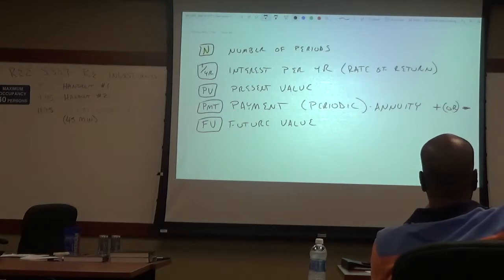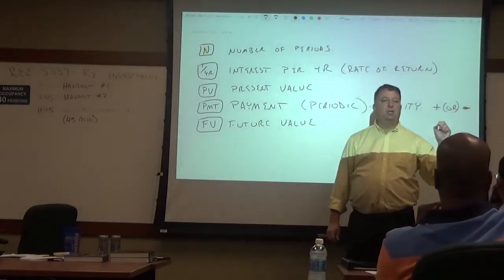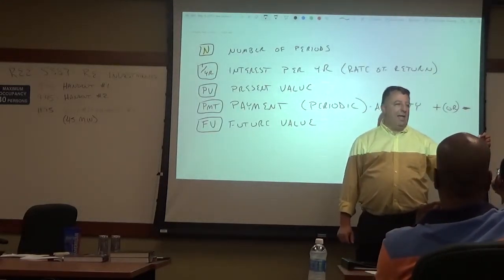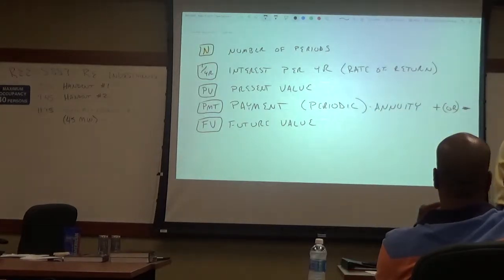So one of the things you always need to think about as we work through these problems is whose perspective we are looking at this from. Are we looking from the lender's perspective or the borrower's perspective? That makes a huge difference in the calculations, because you need to keep an accurate accounting of who is paying and who is receiving.